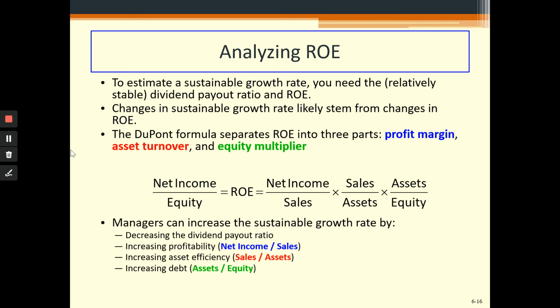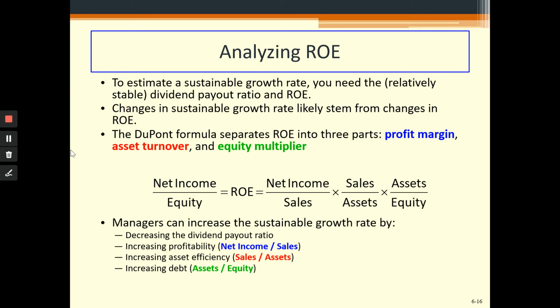Remember, the formula was return on equity into the retention ratio to find the sustainable growth rate, which can eventually be used in the perpetual growth dividend discount model. So the manager can increase the sustainable growth rate by decreasing the dividend payout ratio. In the first step, simply increase the retention ratio, in other words. So when you are paying less dividend, obviously you are increasing the retention of the earnings of the share.